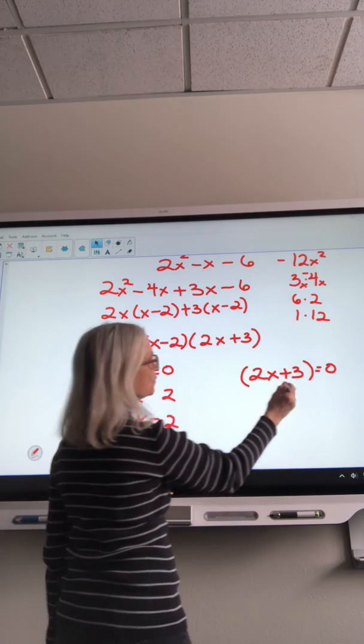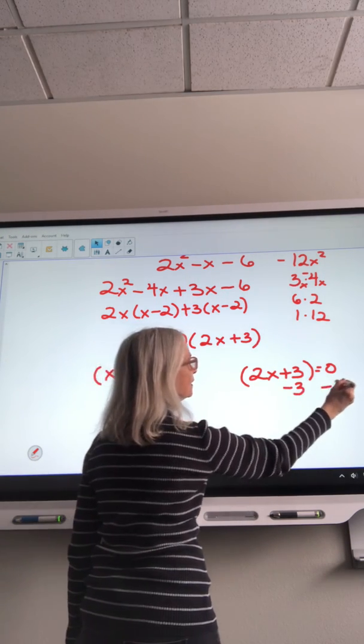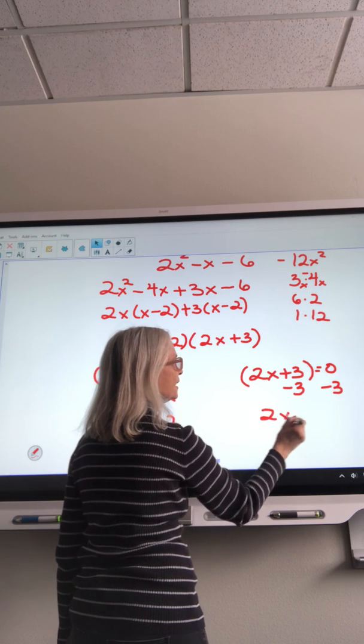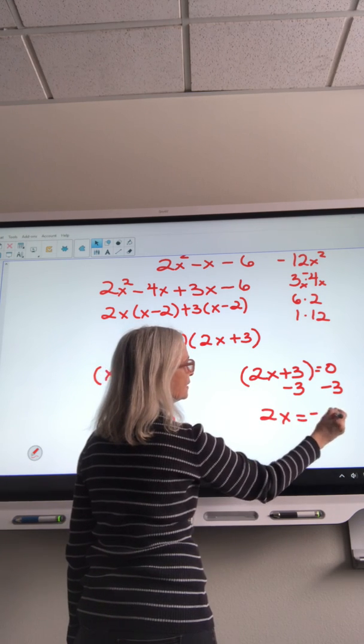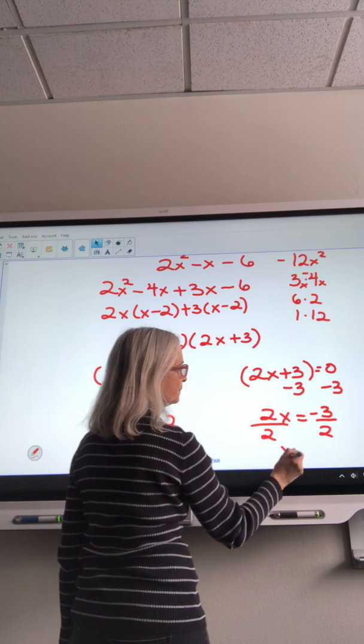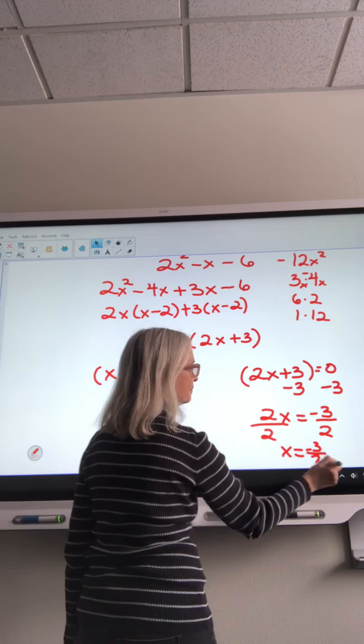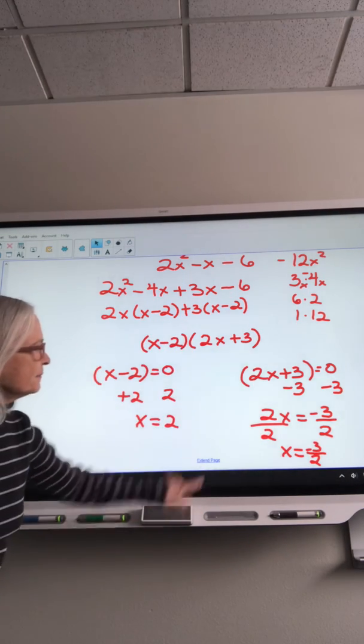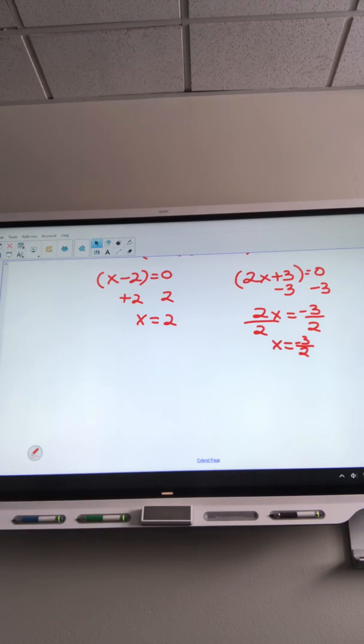Okay, so we would take away our 3. So we've got 2x is equal to a negative 3. Then we would divide by 2. So x is equal to a negative 3/2.